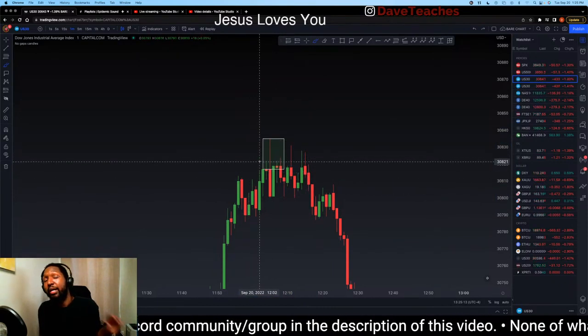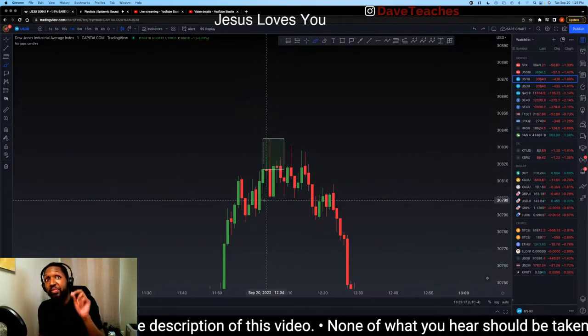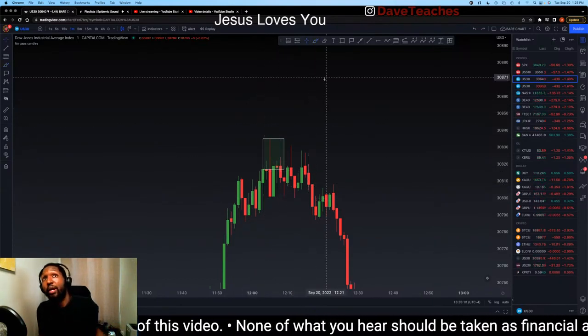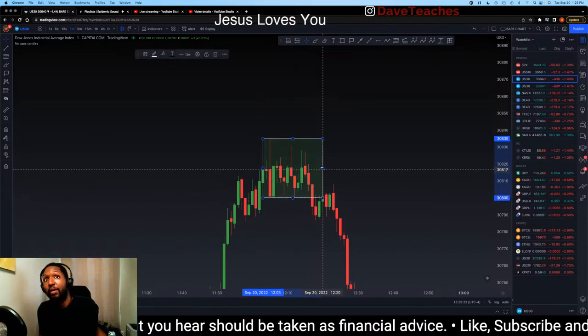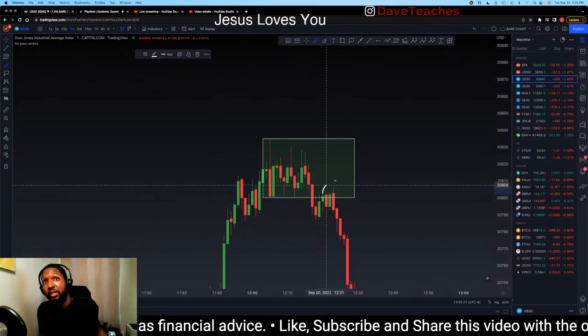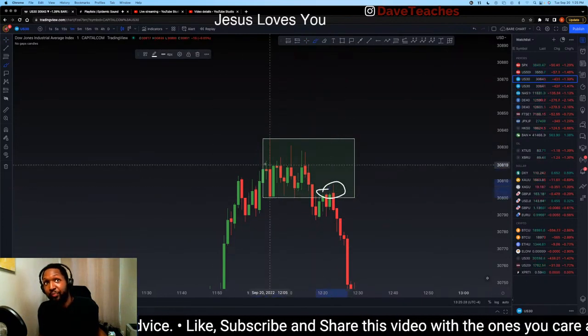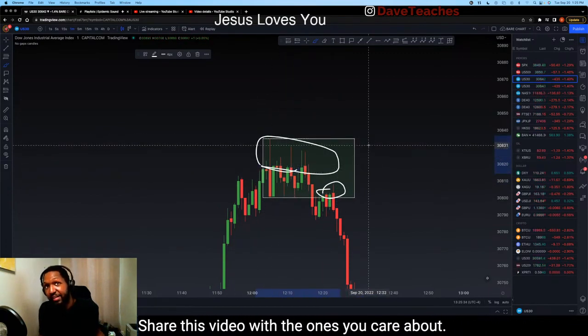But remember, and I spoke about this in the playlist, with this particular area, if you take this area and draw a square around it, oftentimes price comes up to tap this. So this is the conservative entry. This within here is the aggressive entry.